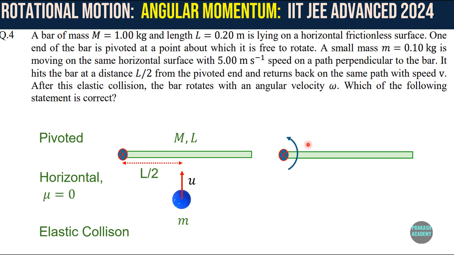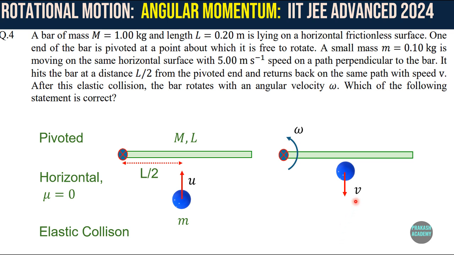Now once this collision occurs, after the collision this bar starts rotating about this pivot, and the angular speed by which it starts rotating is omega, and the ball basically returns back in the same line, but the speed is different.